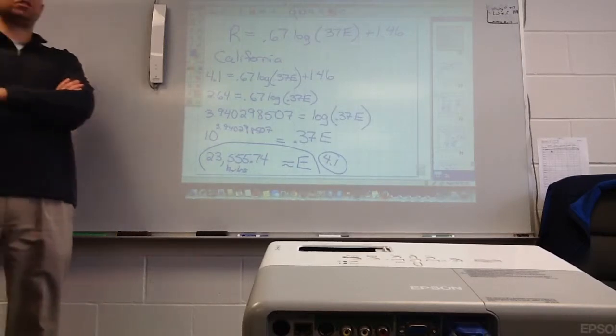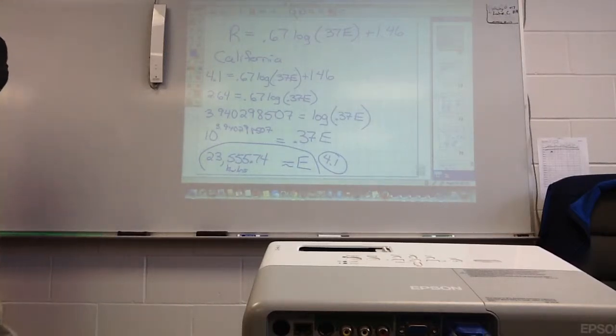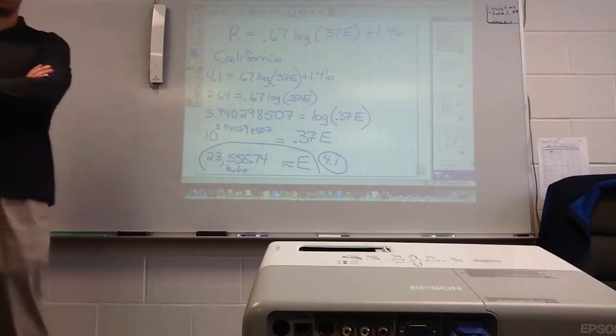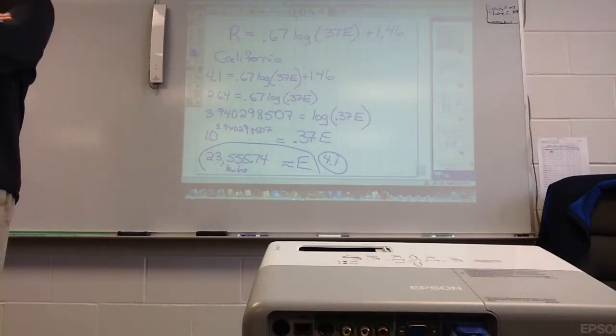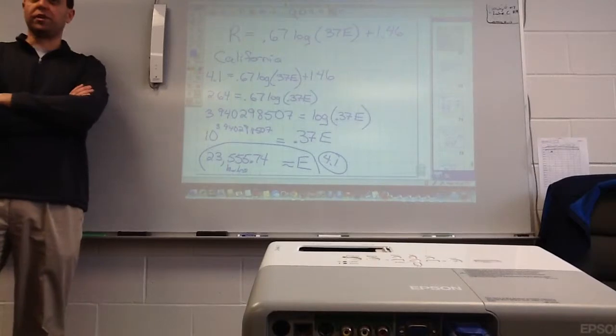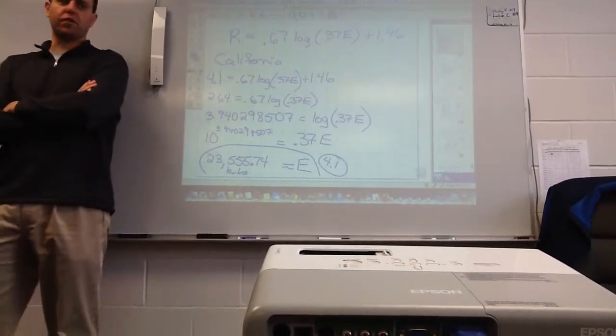Figure out the difference in energy released in the one in Greece, the 5.9. So go ahead and solve for E when the Richter scale value is 5.9.